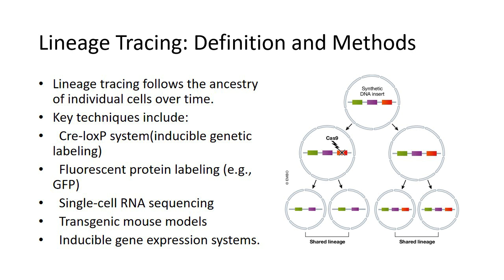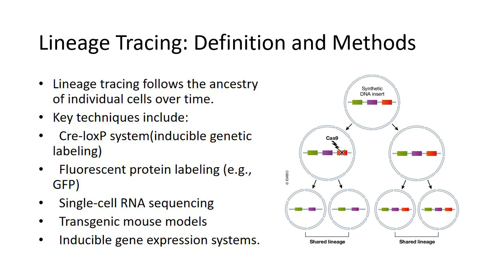Techniques in lineage tracing: genetic labeling and inducible systems. Cre-loxP system. This is one of the most commonly used methods for lineage tracing. In this system, a Cre recombinase enzyme is used to activate or deactivate a marker gene in a specific population of cells.